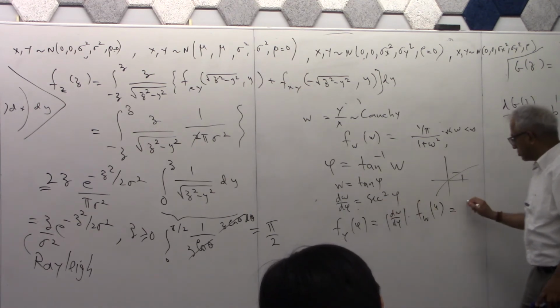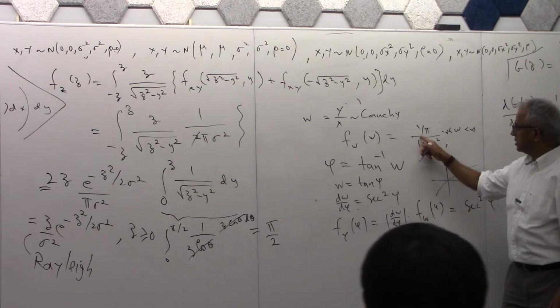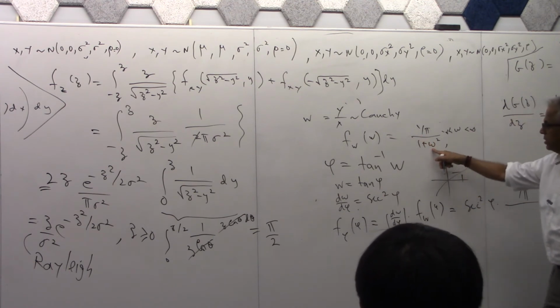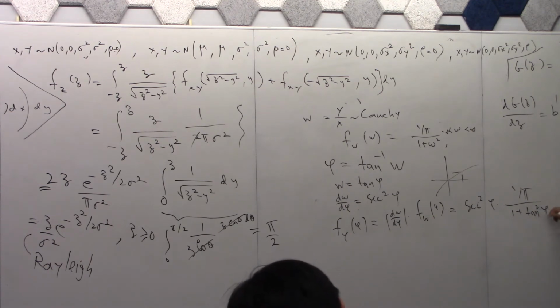So this is sec squared phi multiplied by 1 over pi. This density function is here. W is tan phi. So that's 1 plus tan squared phi. 1 plus tan squared is sec squared. So what is this density function? Anybody? All right, so you have another result.